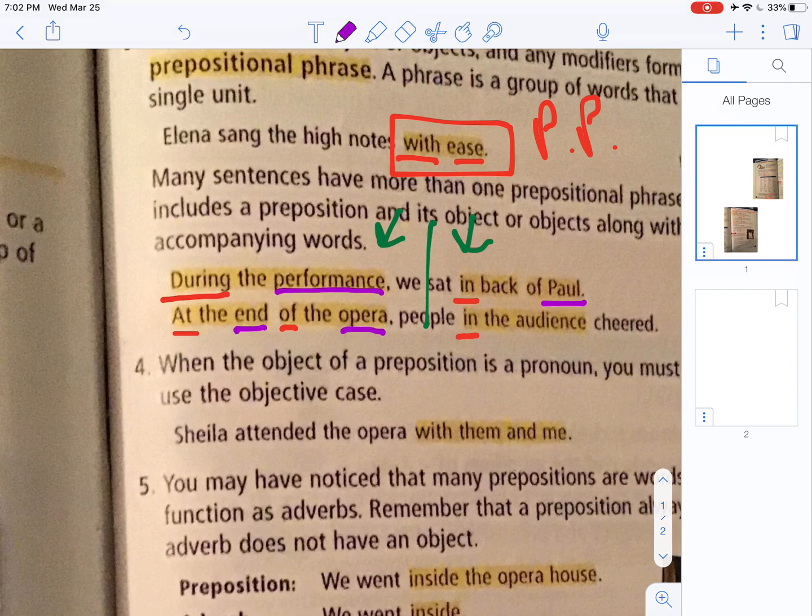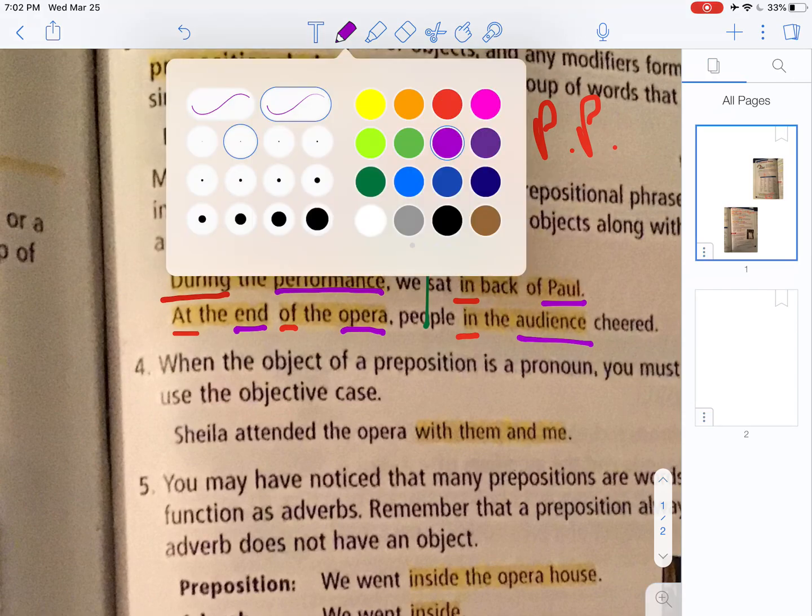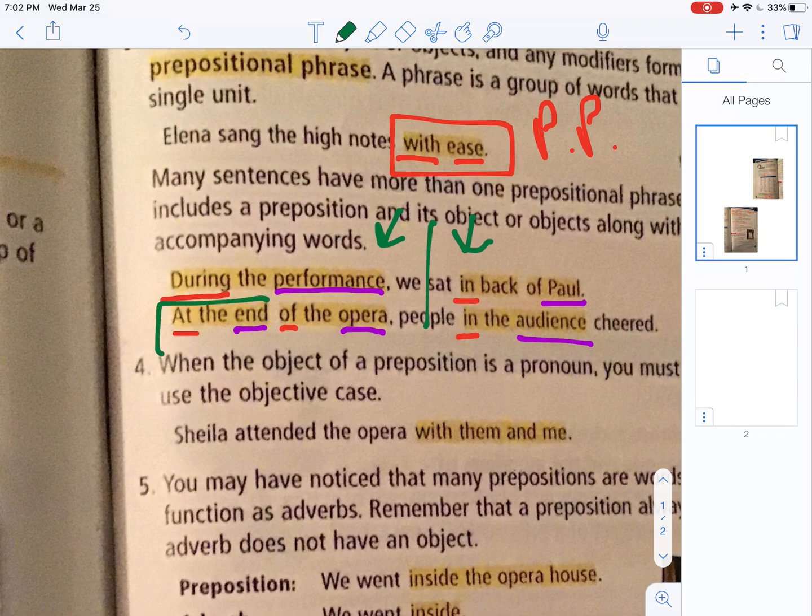It is opera. And in the audience, cheered. You're in where? In the audience. So you have three prepositions and three objects of prepositions. Then you're going to go ahead, and when you box each one in, those are your prepositional phrases. So if you notice, they're not overlapping each other at all. When one ends, then another one can begin.